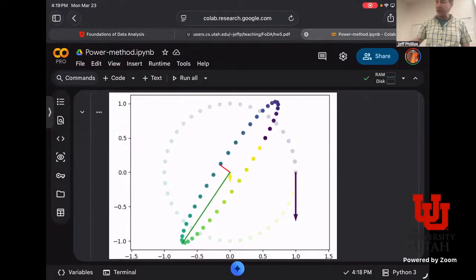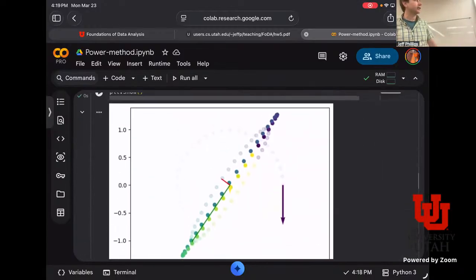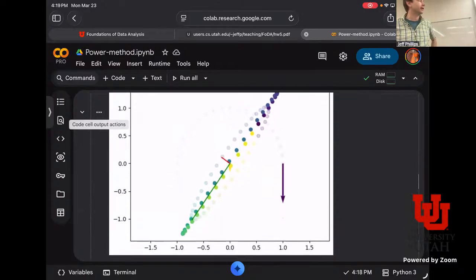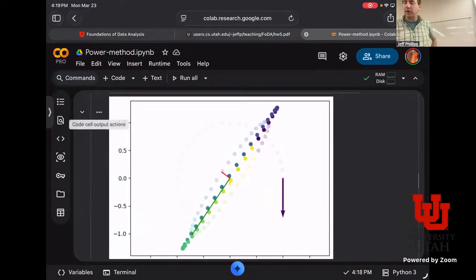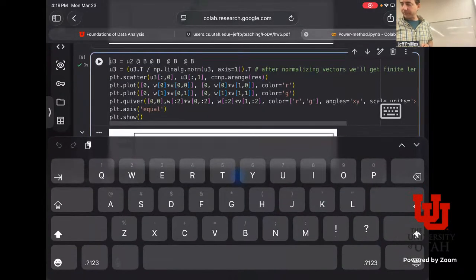As I multiply it again and again, I can see the old one in lighter color in the background, but it's stretching it out more and more. The first eigenvector is getting stretched out. The second one is getting compressed here because it's multiplying by a value less than 1, and the first eigenvalue is greater than 1.